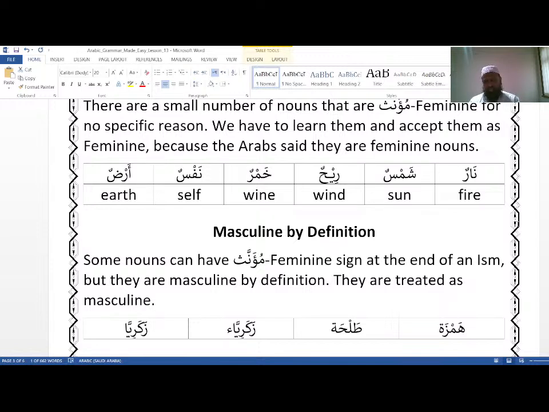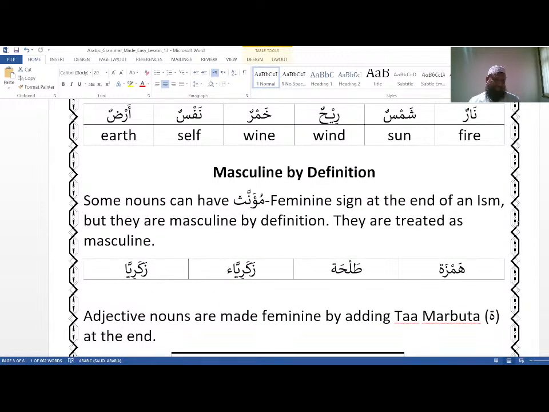Talha too. Zakaria, Alif, and Hamza at the end, which is Alif Mamduda. So Zakaria is spelled in 2 ways, either with the Hamza or without the Hamza. So this is what we mean by masculine by definition. We will see signs of feminine, but they are masculine.